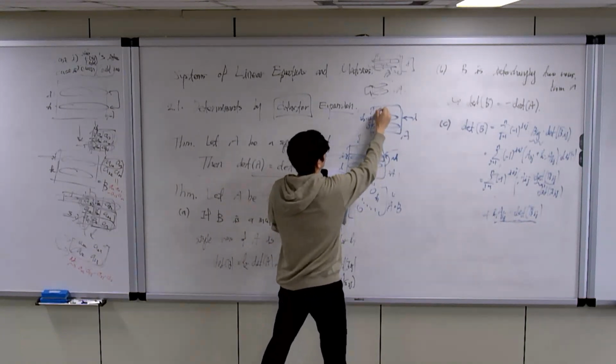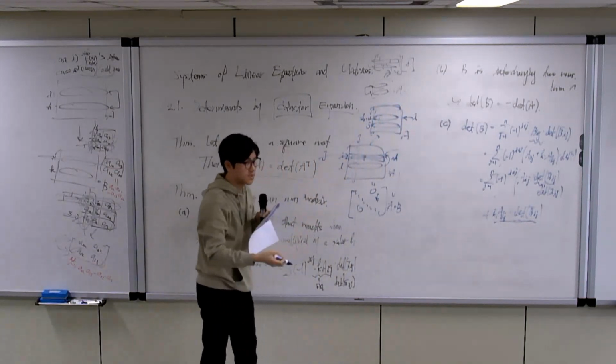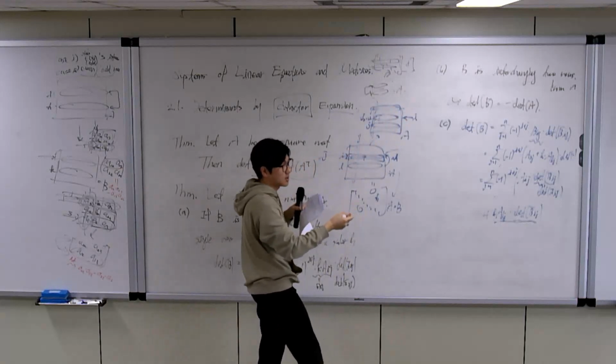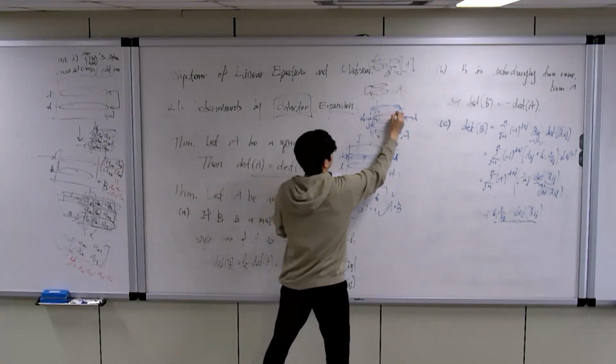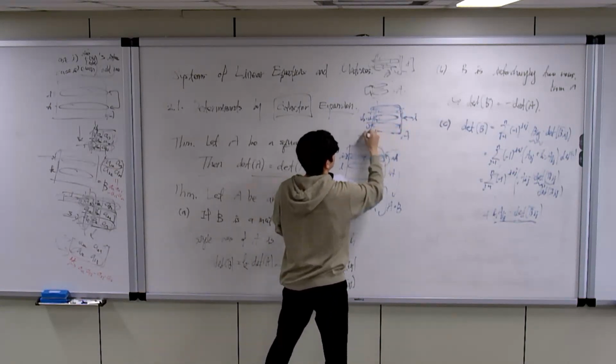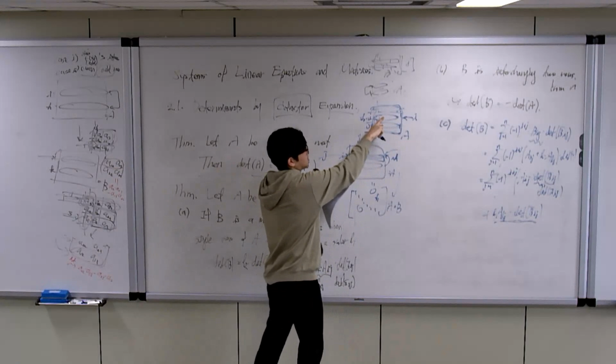and when you choose other rows inductively, it will give the minor matrix, and we will choose except these two lines.